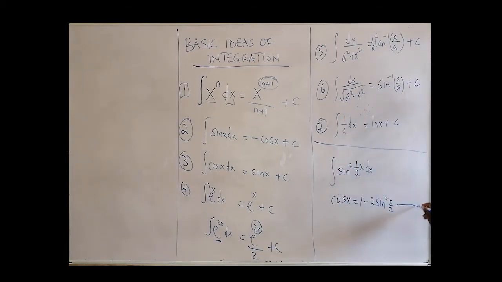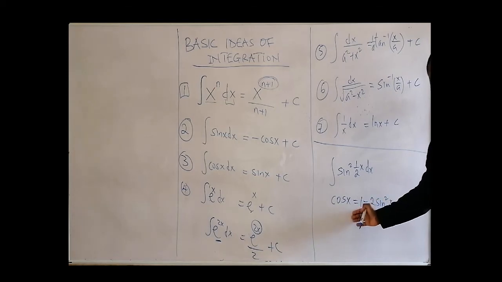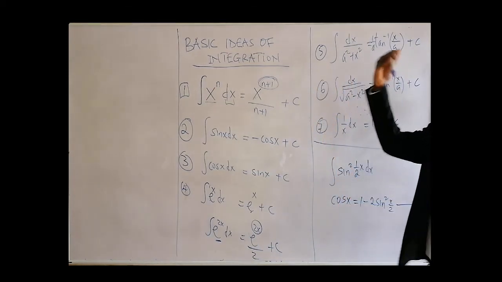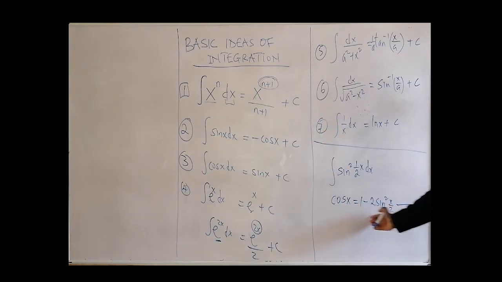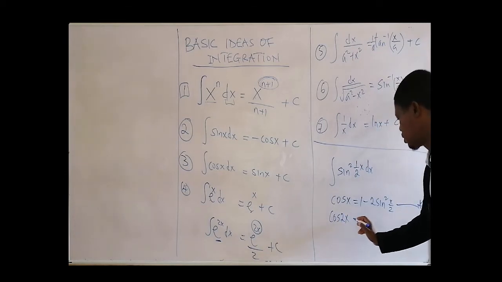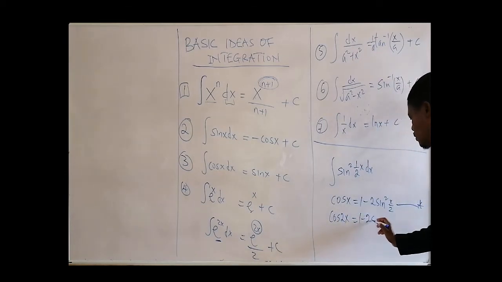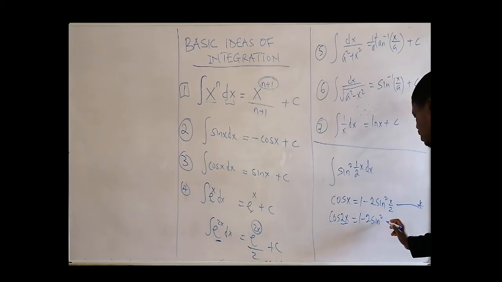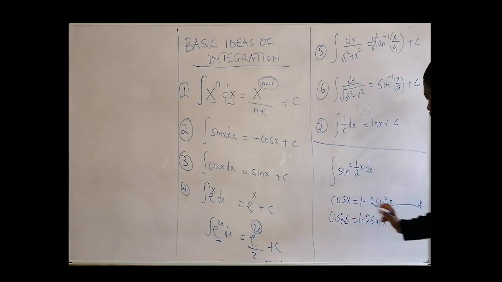We've discussed that, so if you're having any challenge with that, please check the video and watch it. We give in-depth knowledge on this double angle, half angle. If it's cos 2x, it will be 1 minus 2 sine squared of half of this angle. That will be x. This one is 1, so half of that is x over 2.